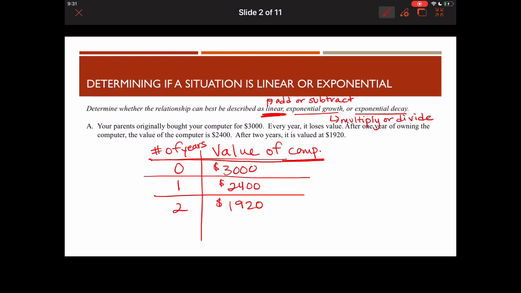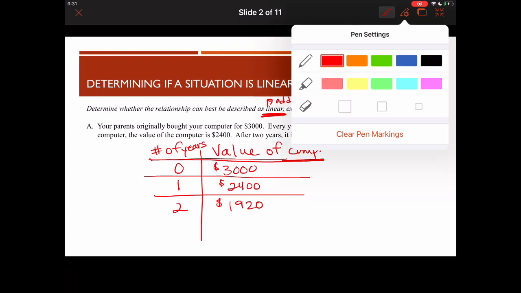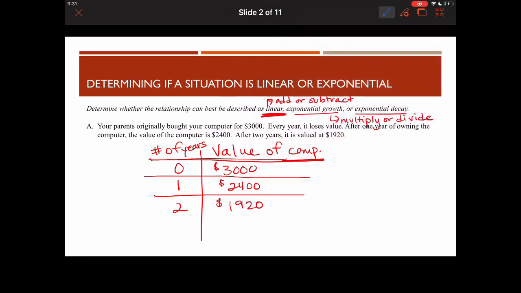All right, so how do you check that? Well, here's what you're going to do. The easiest way to think of it is we want to be able to take $3,000 and multiply by a number to get this, and then multiply by that same number to get this, right? Well, the opposite of multiplication is division.